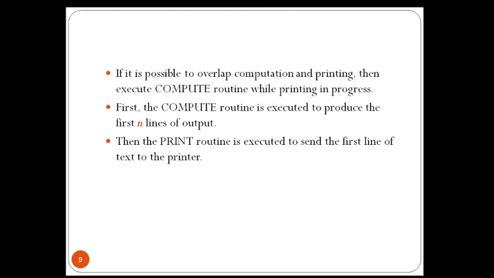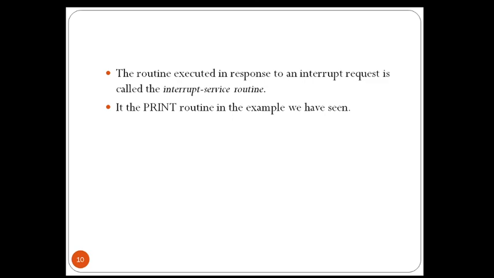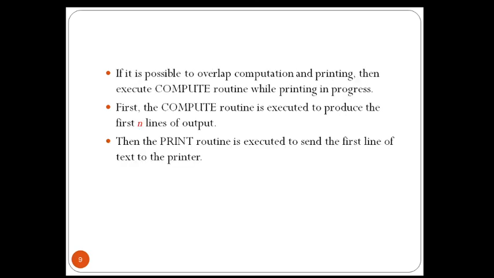Then the interrupted compute routine is resumed at the point where it was interrupted before. This process continues until all n lines have been printed and the print routine ends. The print routine is restarted whenever the next set of n lines is available for printing.